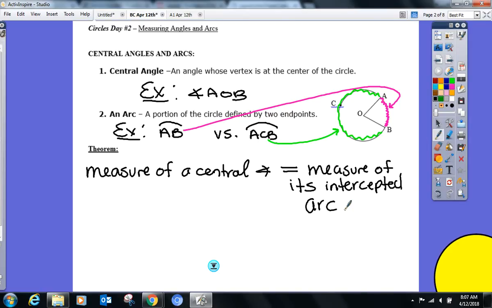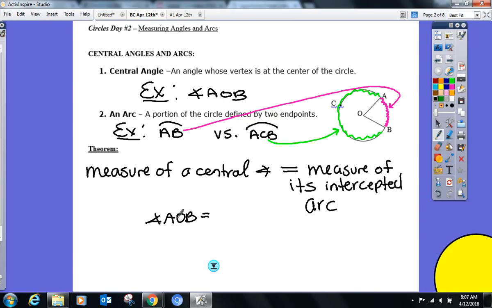And I'll just let you get that in, give you a chance to breathe for a second, and we'll discuss what that means. Hey, name my central angle again. What's the central angle in my diagram? AOB. So angle AOB will be the exact same degree measure as its arc that it creates. What arc does AOB create?